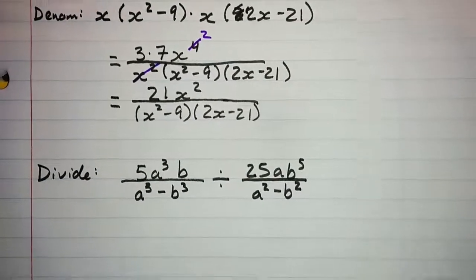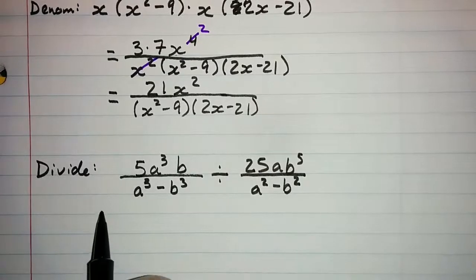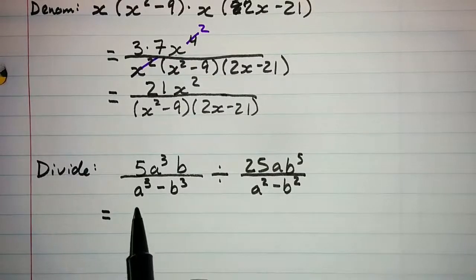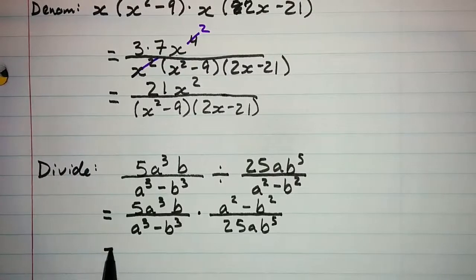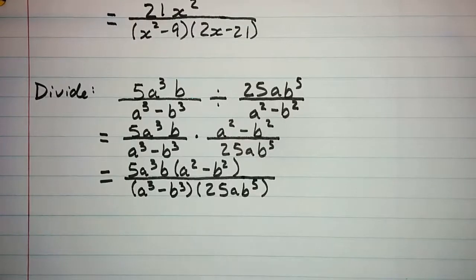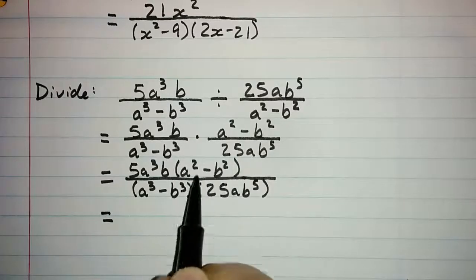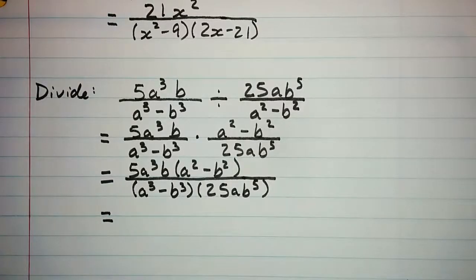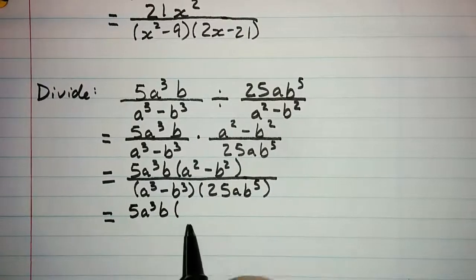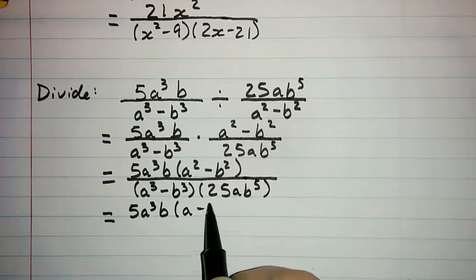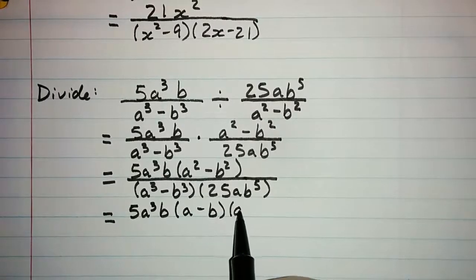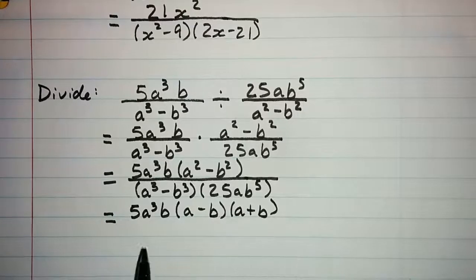Alright, our first step is going to be to rewrite this as a multiplication problem. And now we multiply straight across. My numerator and denominator here are both pretty easy to factor, so I'm not going to bother rewriting them. My numerator, the only polynomial factor is a difference of squares, so it will factor as a minus b times a plus b.